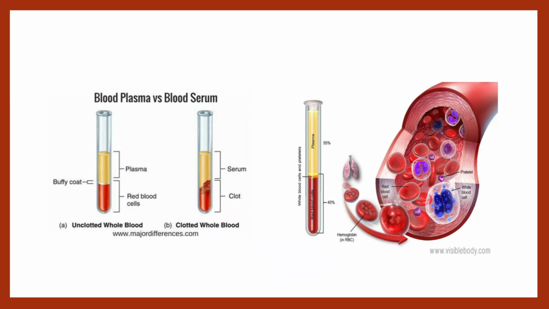The very important thing I would like to tell you, students, is that the whole blood has blood plasma in it, and the serum does not have the clotting factors. It looks very similar in the picture, but serum does not have clotting factors. This is a very important difference between serum and plasma.